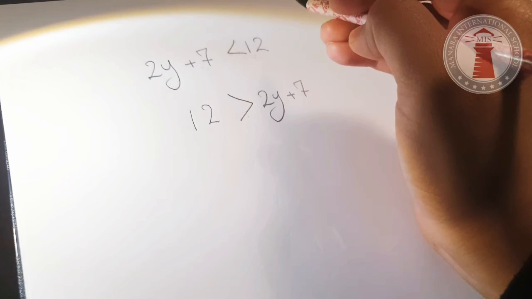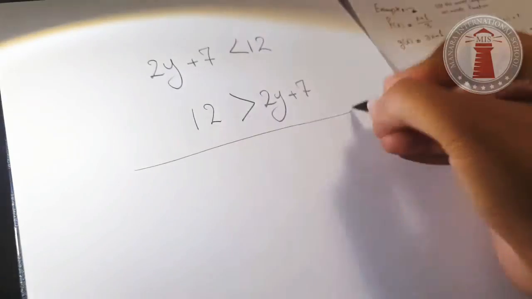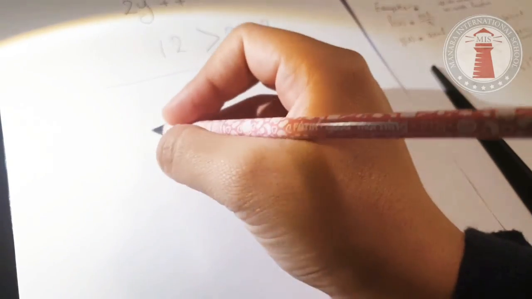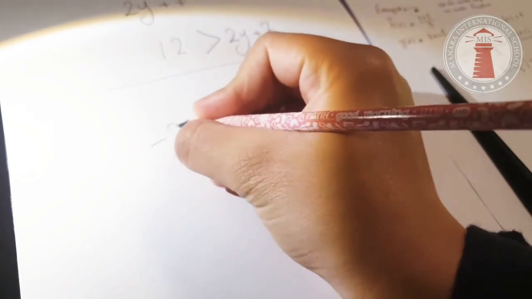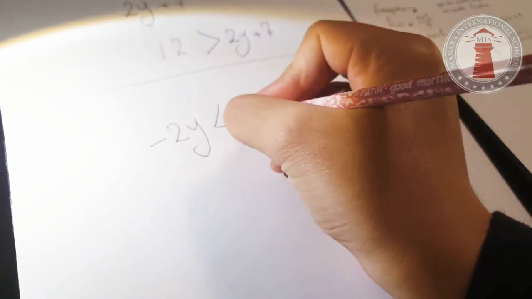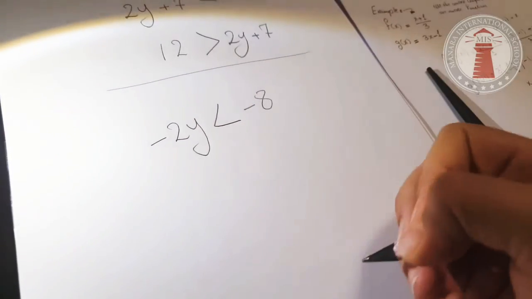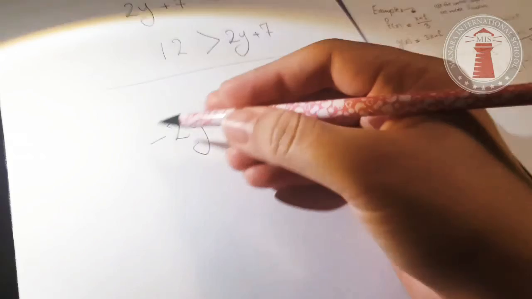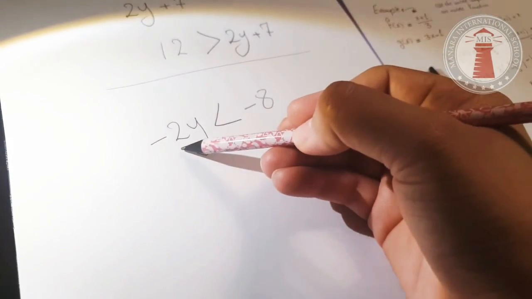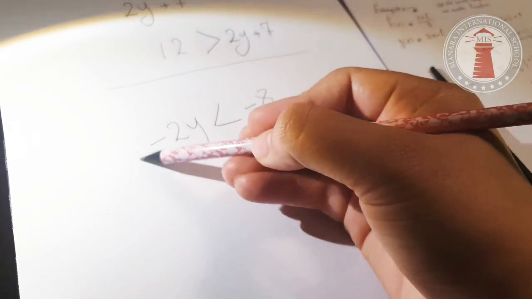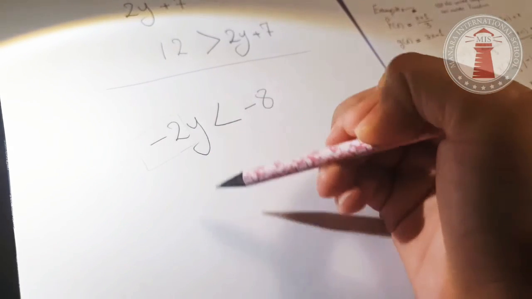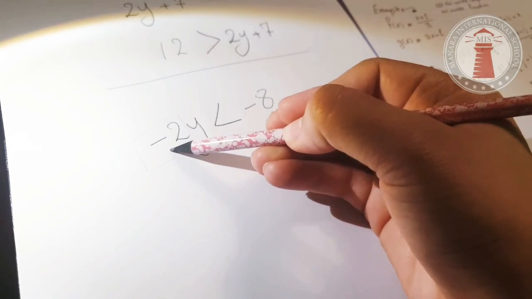Okay, here's an example. This example is negative 2y is less than negative 8. Now here, what we usually do is, again, we need to eliminate the number right here, which is the coefficient of y, which is in this case a negative number.